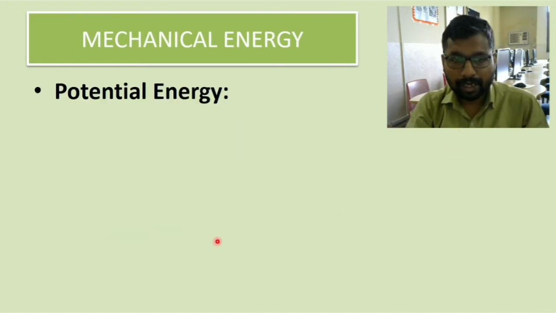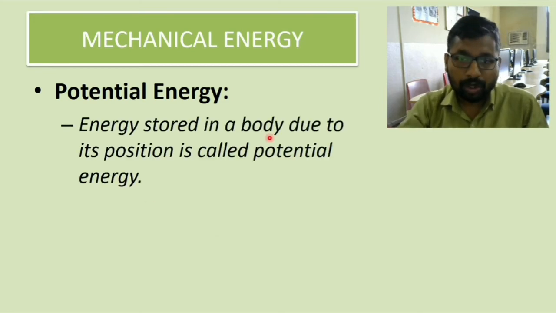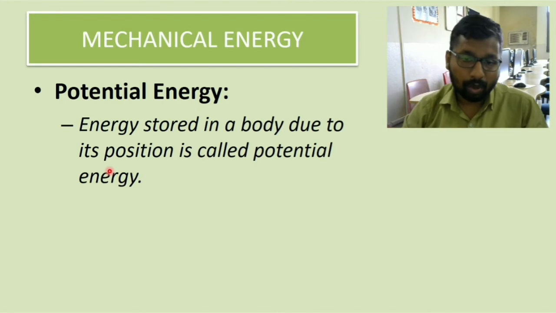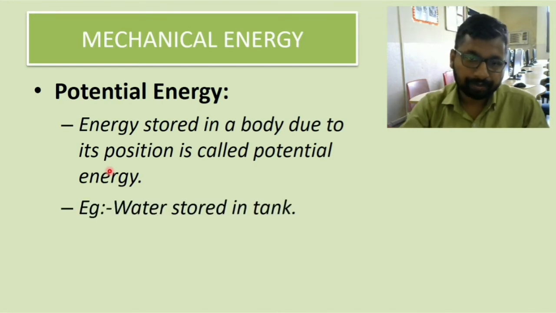Then comes another kind of mechanical energy, which is potential energy. Energy stored in a body due to its position is called potential energy. So, due to position or due to orientation, the energy that comes into the body is called potential energy.